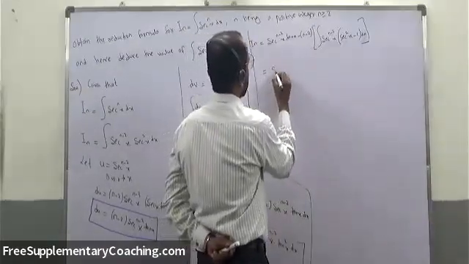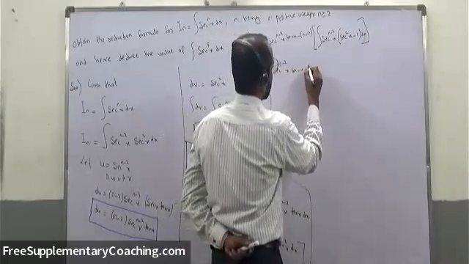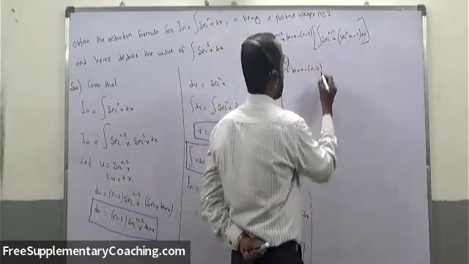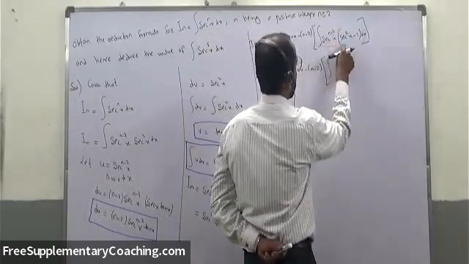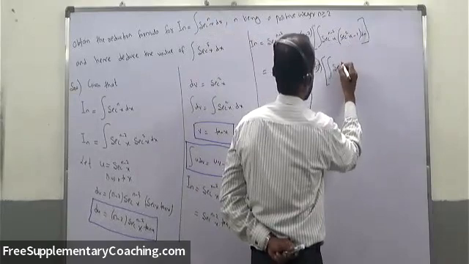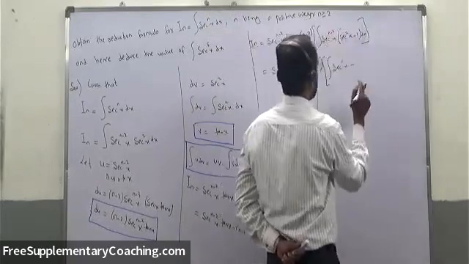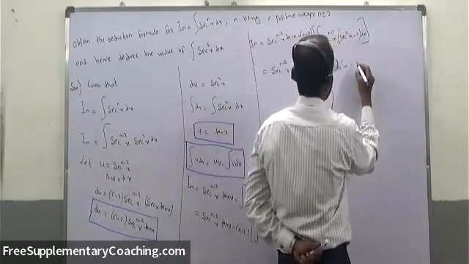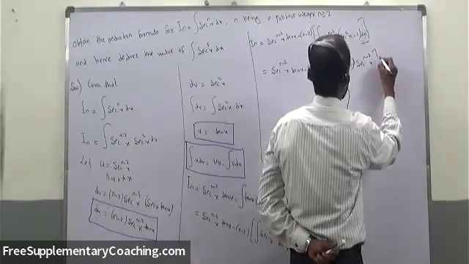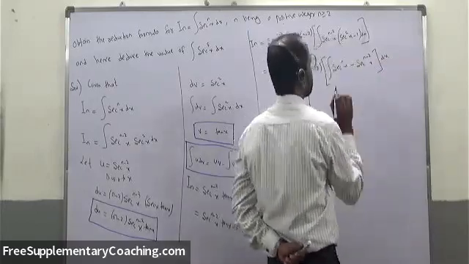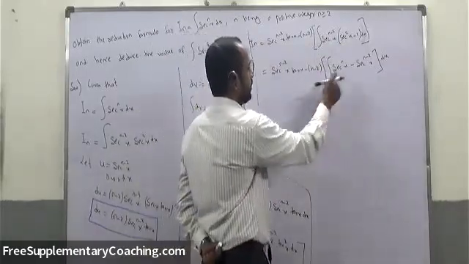I can write secant power n minus 2 x into tan x minus n minus 2, in the bracket, integration of secant power n minus 2 x into secant square x is just secant power n x, minus secant power n minus 2 x into dx. Okay. Just separate the term and take this term inside the bracket.